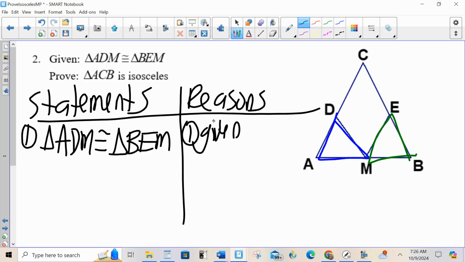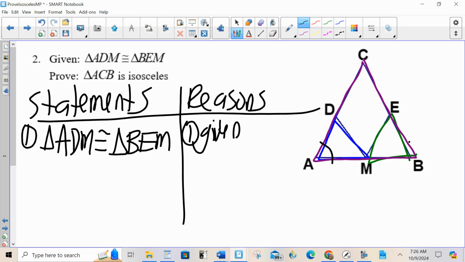So ultimately, I want this purple triangle to be isosceles, which means I need two congruent sides or angles to be congruent. So how are those blue and green triangles going to help me? Well, there's no sides of those blue or green triangles that's a side of the purple triangle, but there are angles.